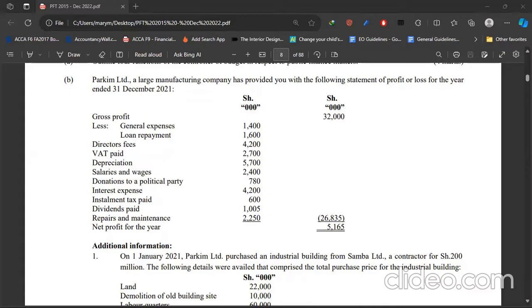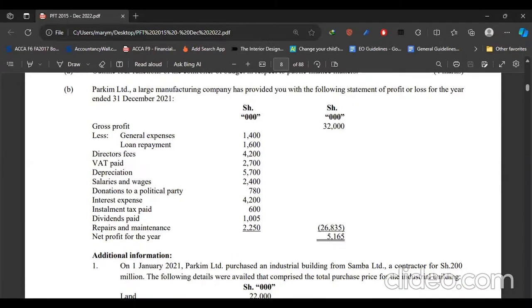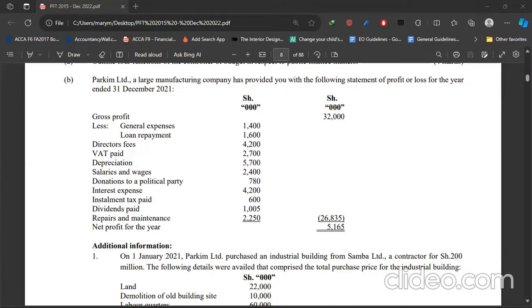VAT paid, sorry, 2,700. Depreciation 5,700. Salaries and wages 2,400. Interest expense 4,200. Installment tax paid 600. Dividends paid 1,005.